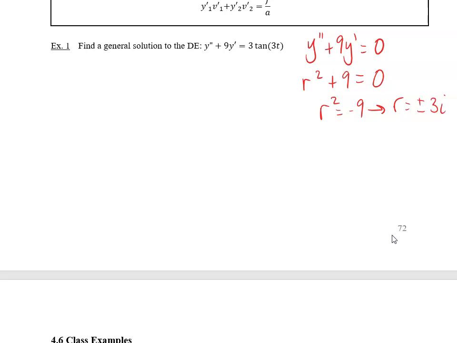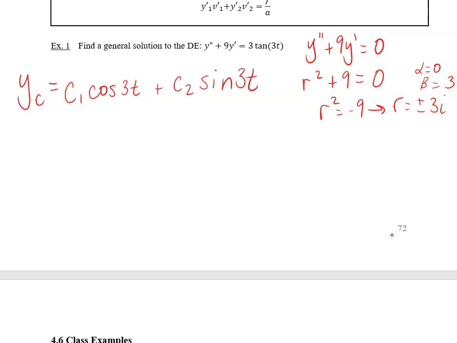So let's start with the complementary solution, y sub c, using the same formats we've been using in the previous sections. Since these are complex solutions where alpha would be 0 and beta would be 3, we end up with c1 times cosine of 3t plus c2 times sine of 3t. And we're going to come back to this later.